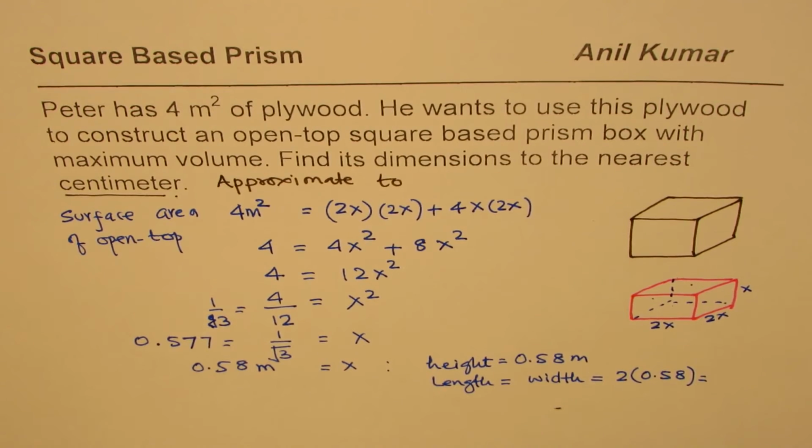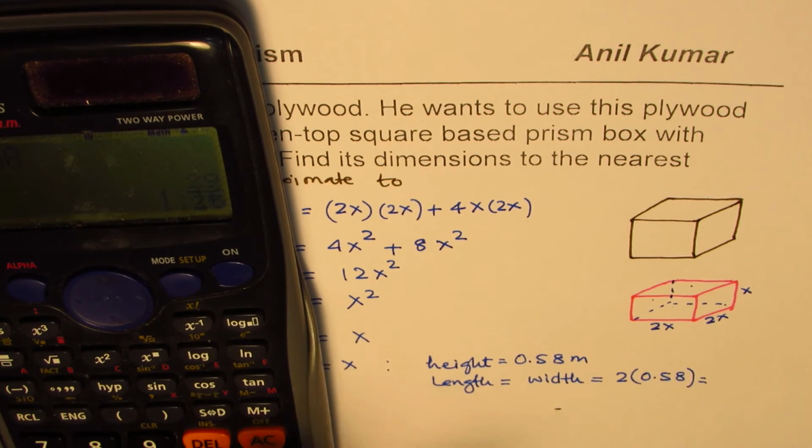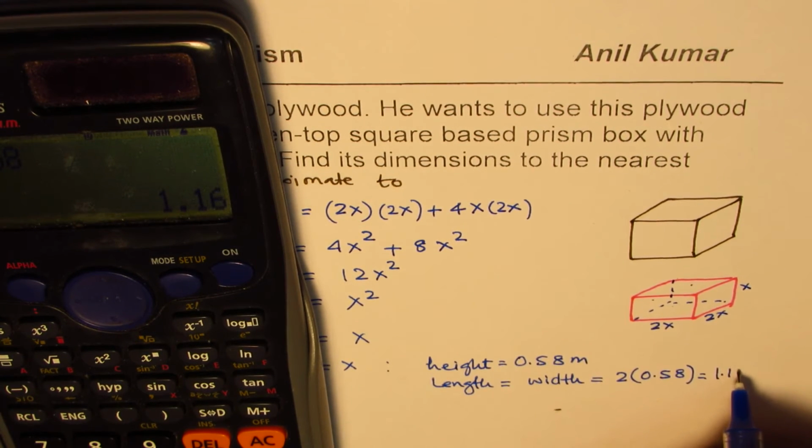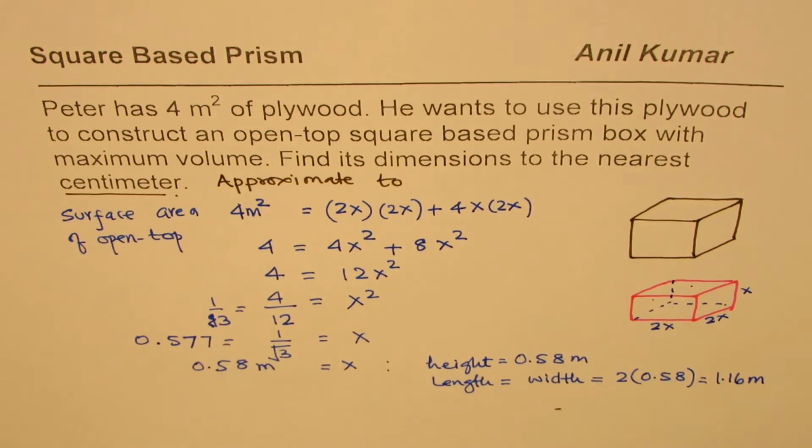So let's multiply and get the answer. So it is 2 times 0.58, which in decimals is 1.16 meters. So that is the dimension of this particular box.